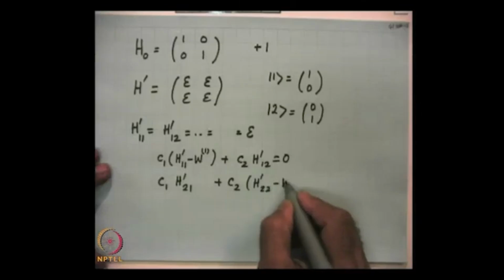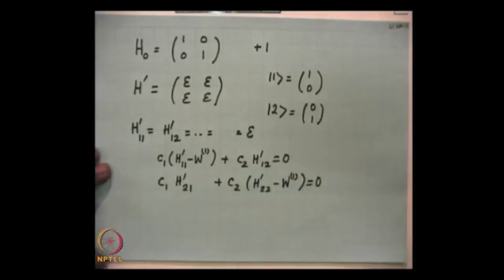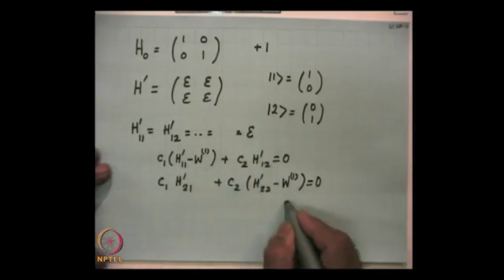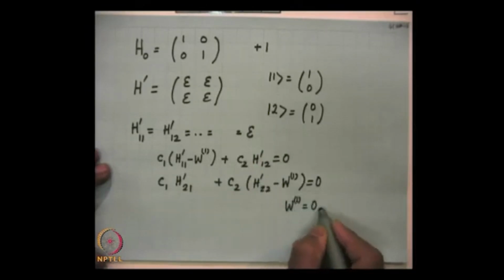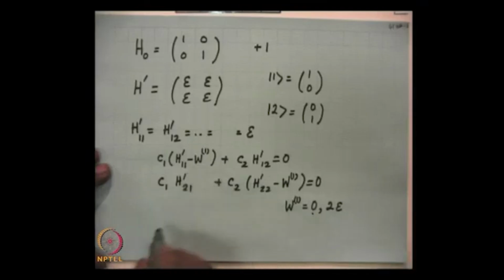If you understand this part clearly, then everything will become clearer. All these matrix elements are epsilon, and we found that the values of W 1 were either 0 or 2 epsilon. Let me consider 0 first. So W 1 is 0.